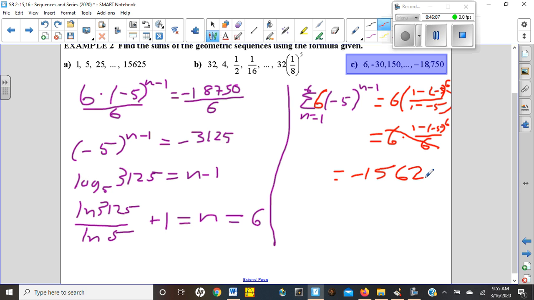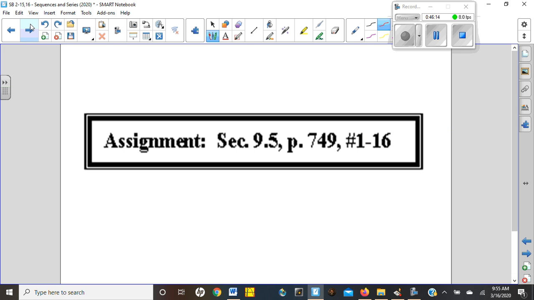And I think that finishes off this lesson. Hopefully it was helpful in seeing how you do some of these problems. The first assignment on sequences and series is going to be from the textbook, 16 problems on page 749, a mixture of some arithmetics and some geometrics. I think the last section is the geometric ones, and they're always a little bit trickier.